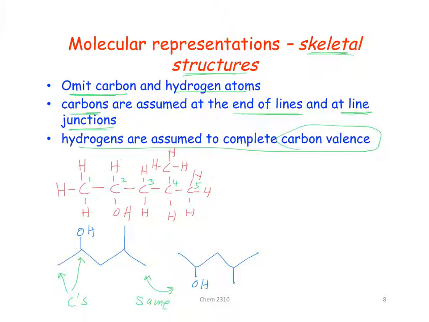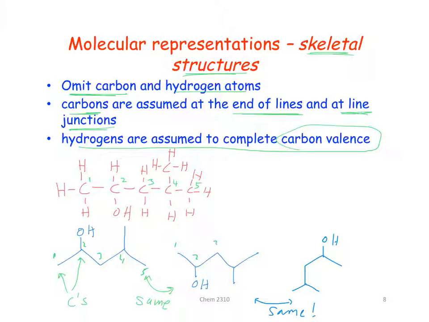What if I drew a structure like this? Is that the same as the other two, or is that one different? That one is the same as well. What we need to recognize is that in the first one, if we counted like we did the top one, 1, 2, notice we have an OH on the 2 position, 3, 4, 5.